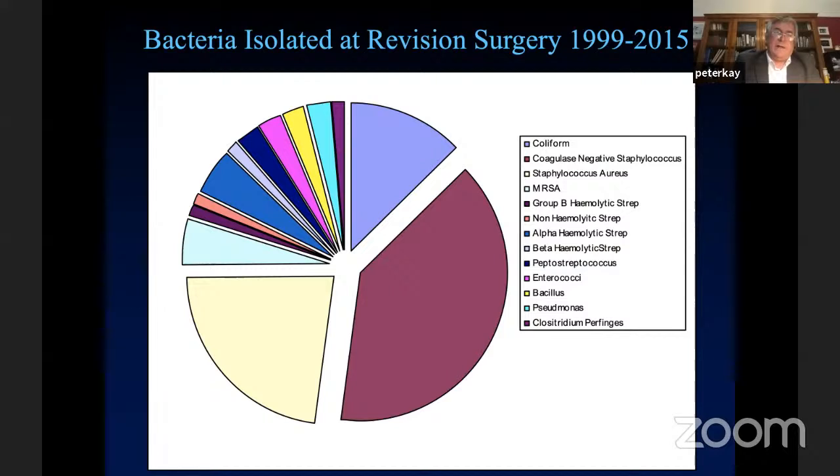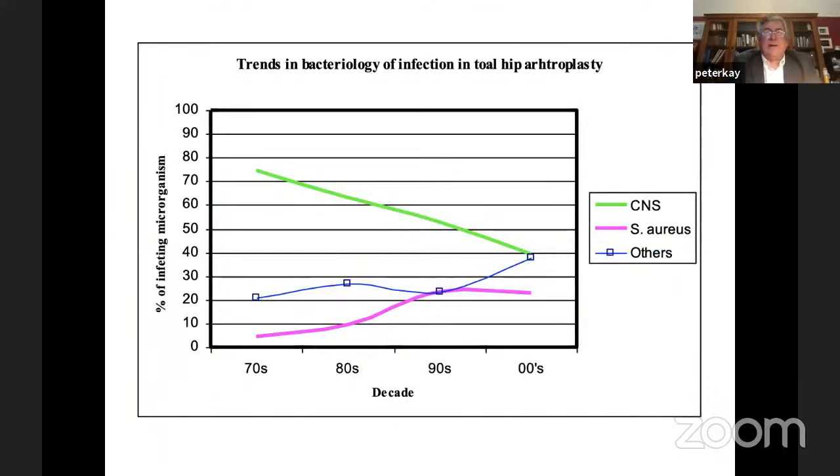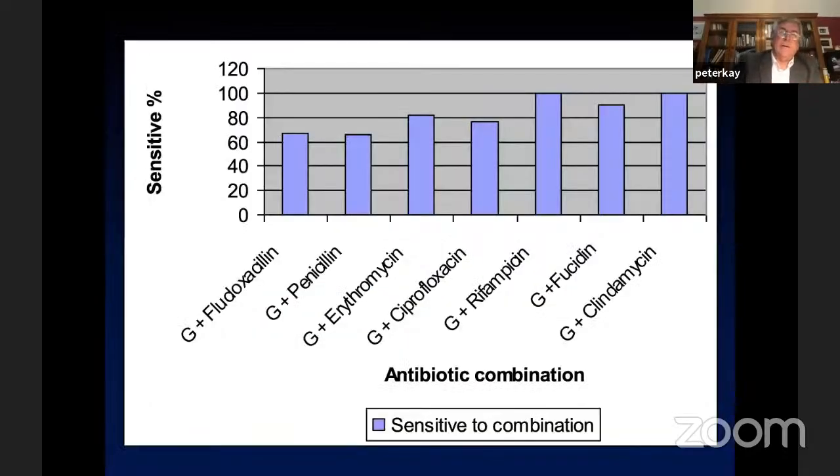Staph aureus has been gradually becoming more of an issue, as has multi-resistant Staph aureus. That's from looking right into the figures at the organisms causing the problem. Coagulase-negative staph has gradually reduced over time, and Staph aureus has gradually increased.